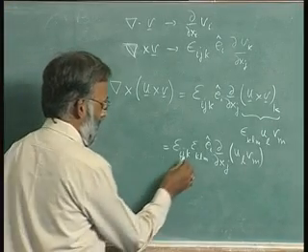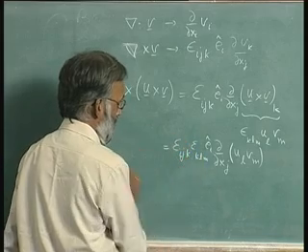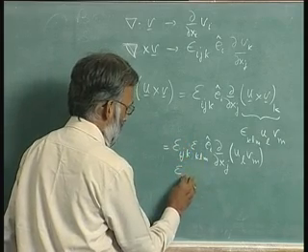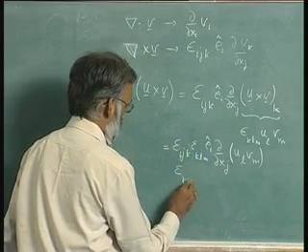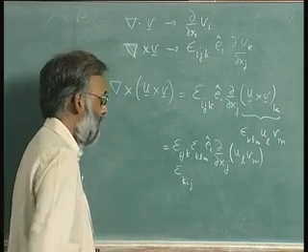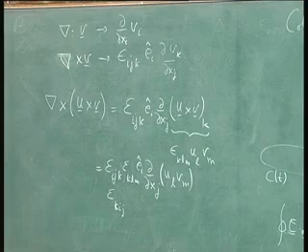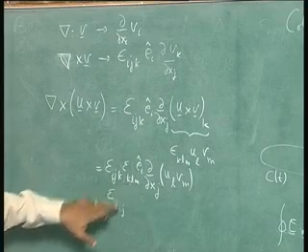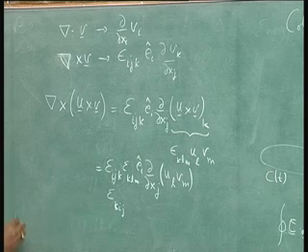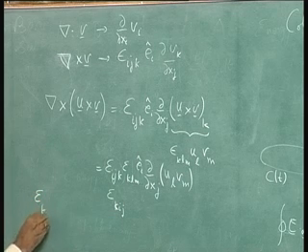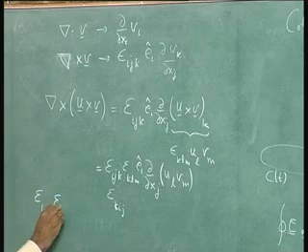Well, one thing we can do immediately is we can rewrite this as epsilon kij just by rotating. Now, if you look at this product, it is epsilon kij epsilon klm.